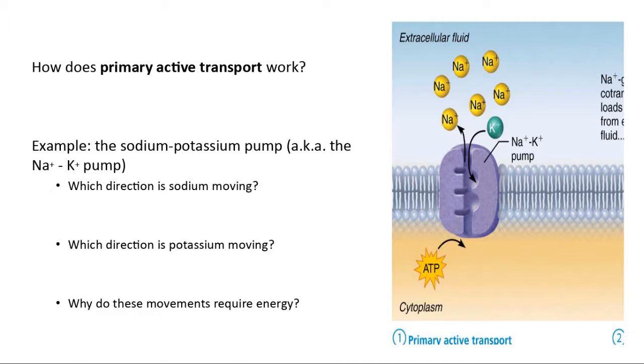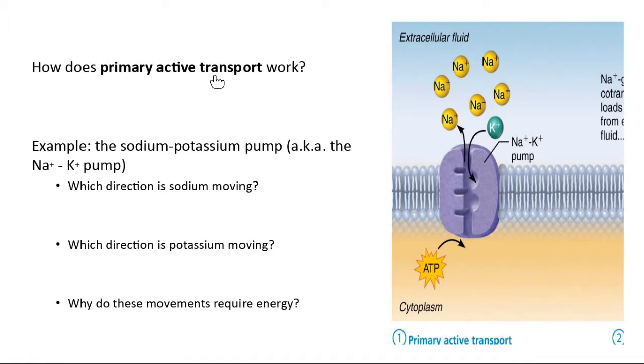Well, as we're looking frantically through our notes for this, remember that when we talk about active transport, whether it's primary active transport or secondary active transport, as we'll see in our next picture, both of these are examples of active transport.